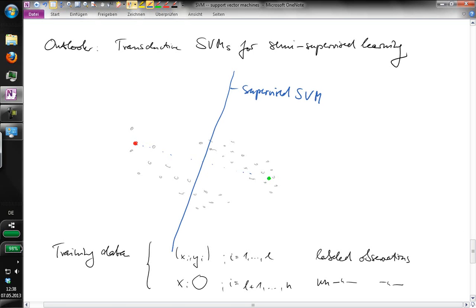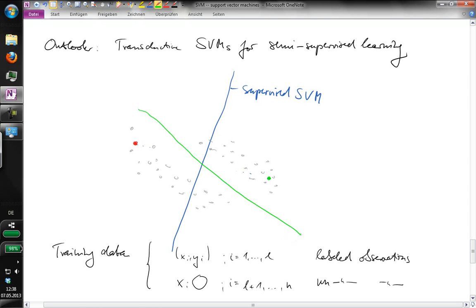What I tried to suggest by the distribution of these gray points is that a much better classifier would lie somewhere like here.